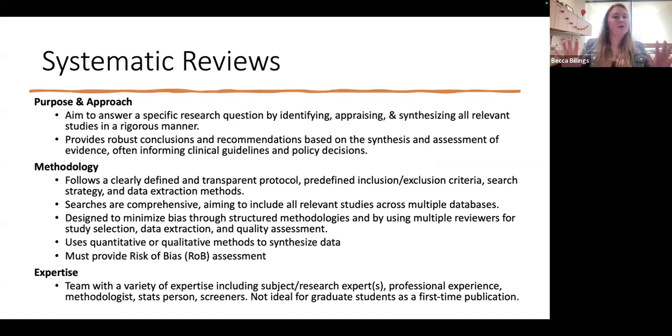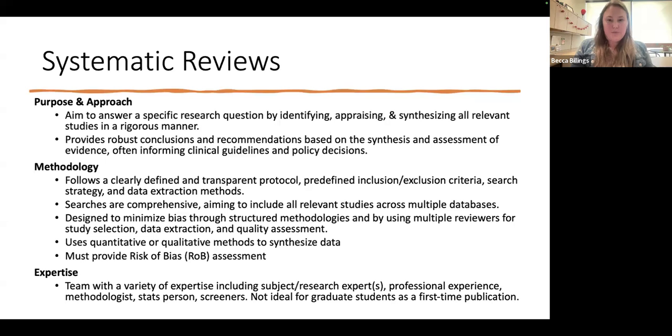Okay, so next up are your systematic reviews. We get a lot of requests to do systematic reviews, and they can take just as long as a scoping review. Again, resource heavy. The aim of systematic reviews is you are starting with a very specific research question. You are identifying the literature with a thorough, comprehensive search across numerous databases.